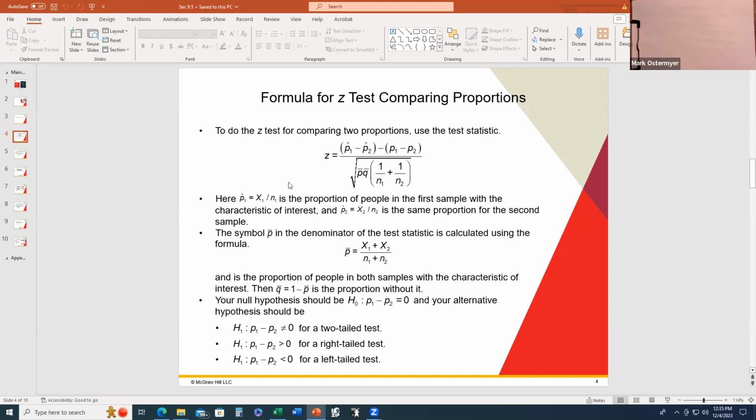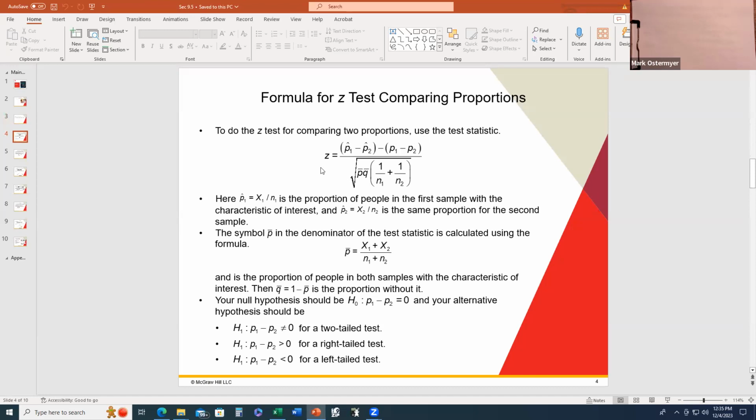All right, obviously there are two different ways to conduct hypothesis tests: the critical value method versus the p-value method. Nothing changes with that. To conduct the hypothesis test, we need, of course, a test statistic, and this test statistic is distributed according to the standard normal probability distribution.